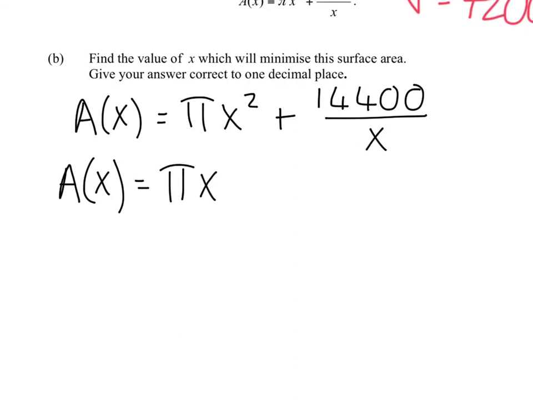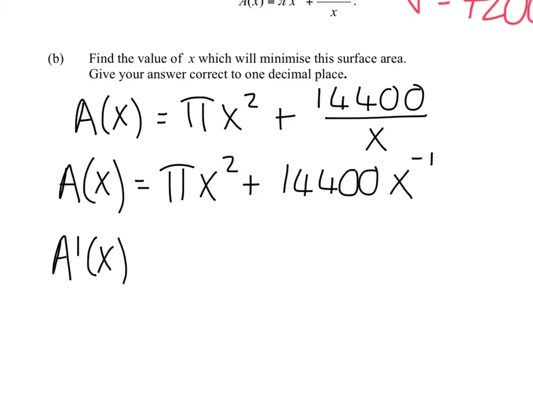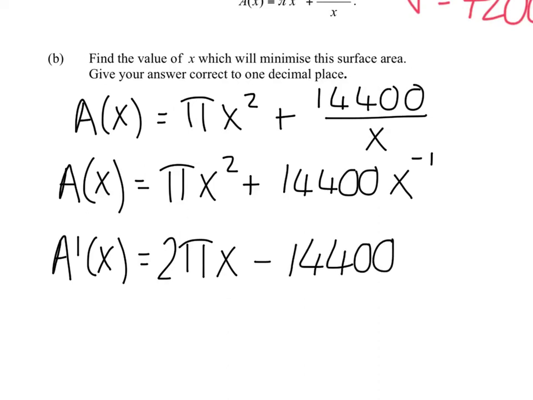So we have πx² + 14,400x^(-1). We're now ready to differentiate, so A'(x) = 2πx when we differentiate that, and then take away 14,400x^(-2).